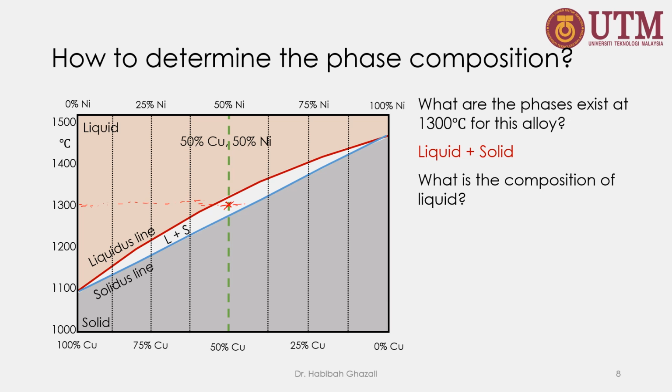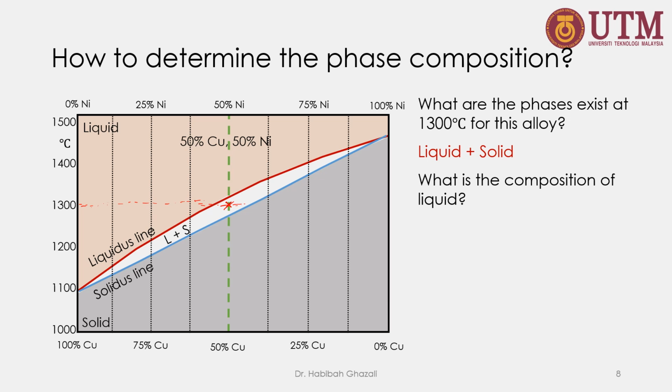We know that we begin with a liquid that consists of 50% copper and 50% nickel. As the temperature starts to drop and it reaches the liquidus line, some of the liquid will start to form into solid. So the composition will now change, because some of the elements will now transform into solid.